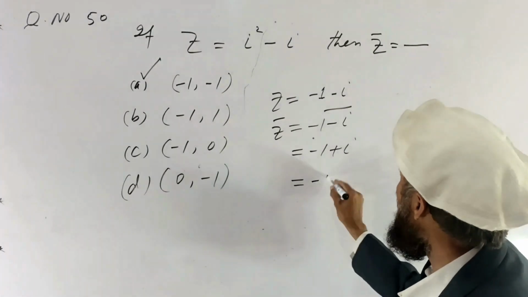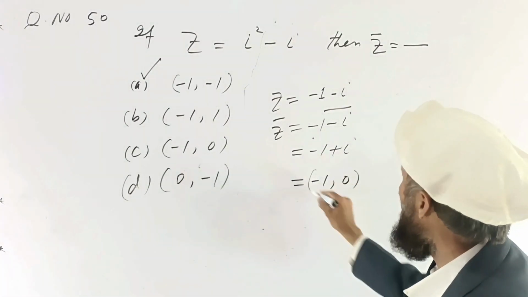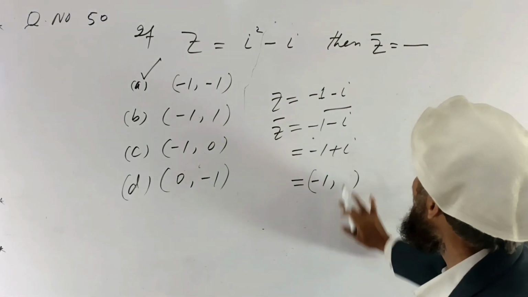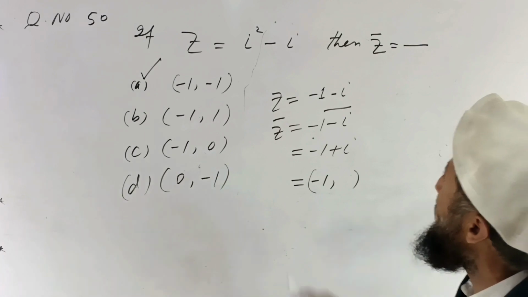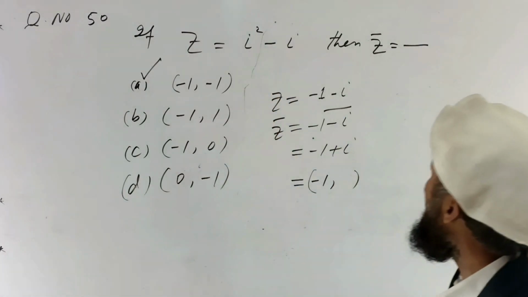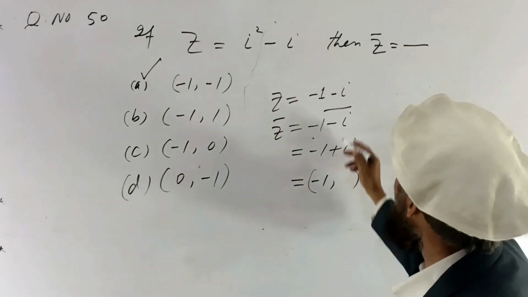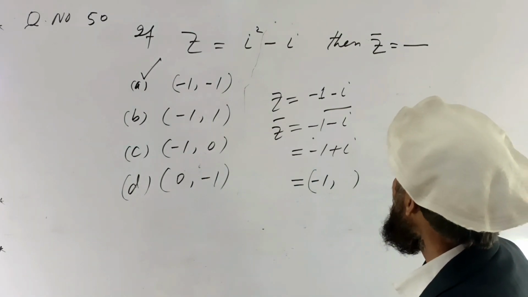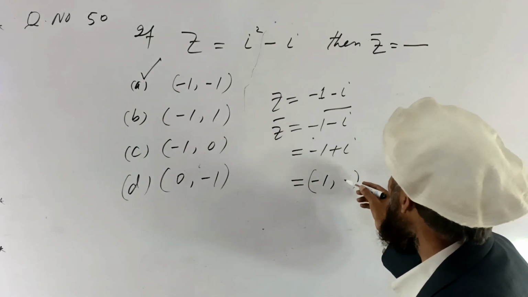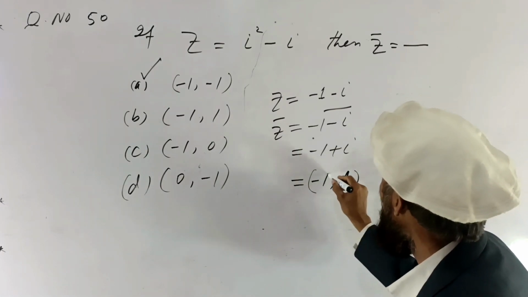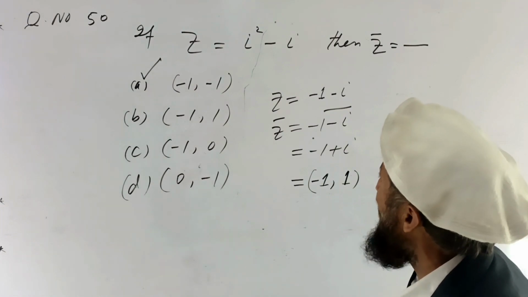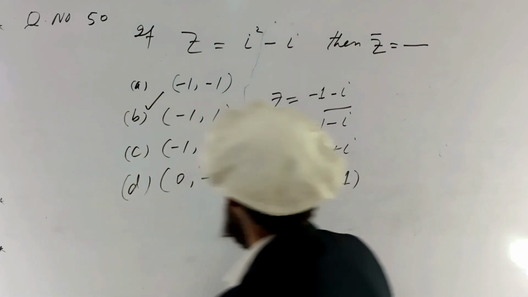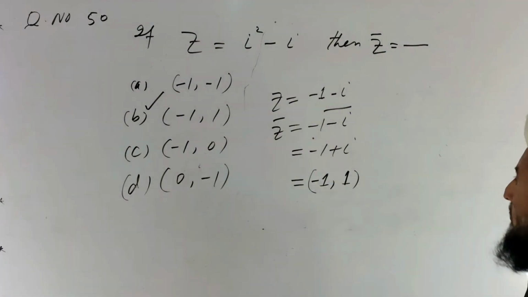Iota square is equal to minus 1, and minus iota changes to plus iota, so the result will be minus 1 and plus 1. The correct answer is, sorry, B. The correct answer is B.